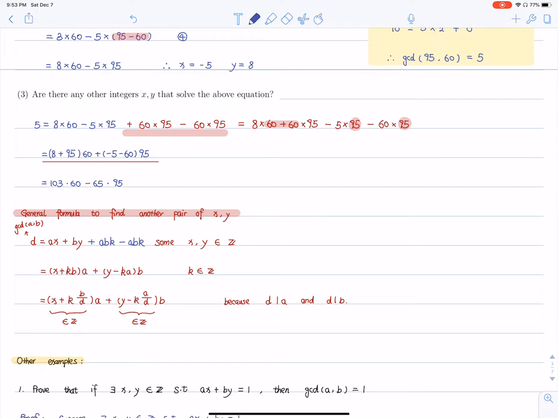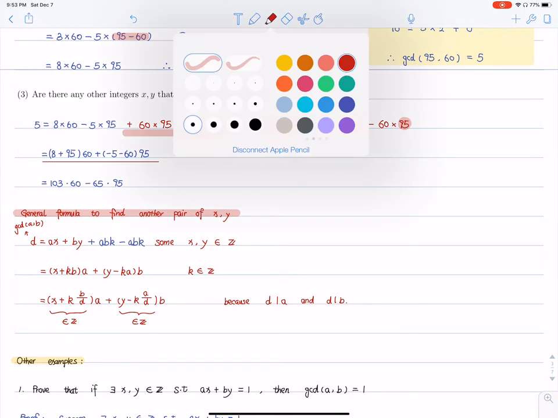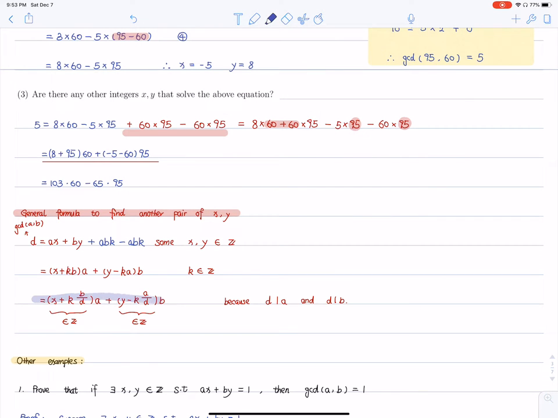This whole thing is also equal to this. The same thing, you add and subtract the number. In this case you added ak times a over d, b over d. So this is like abk over d and minus abk over d.